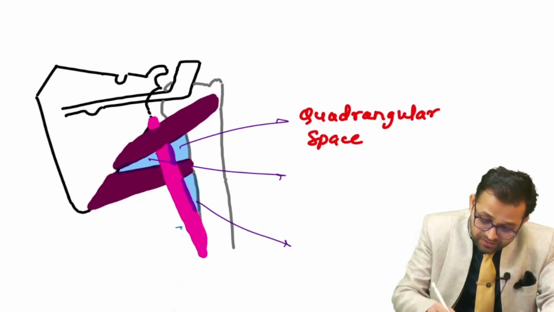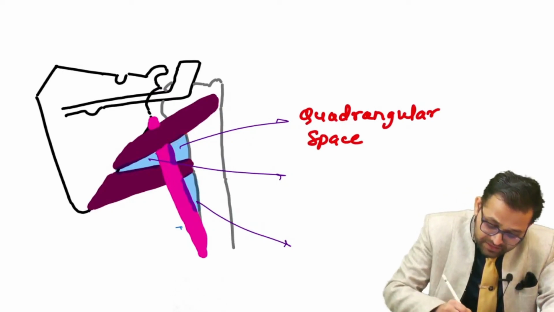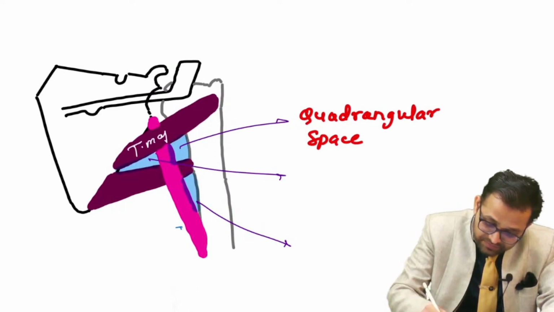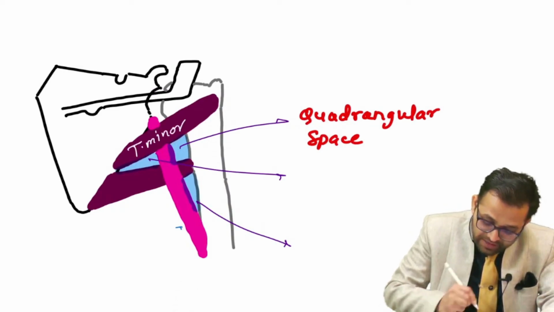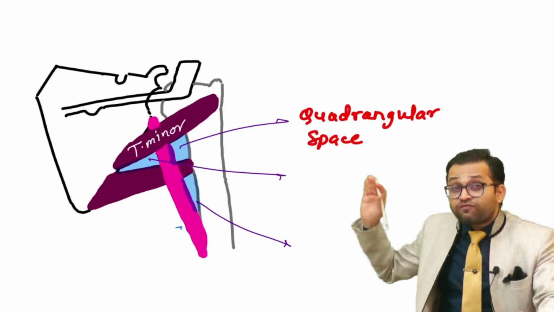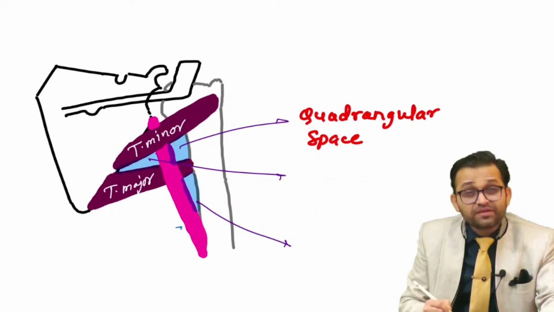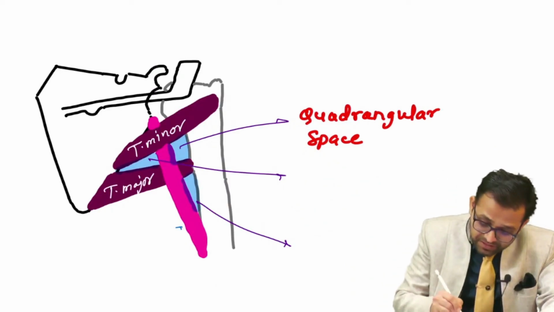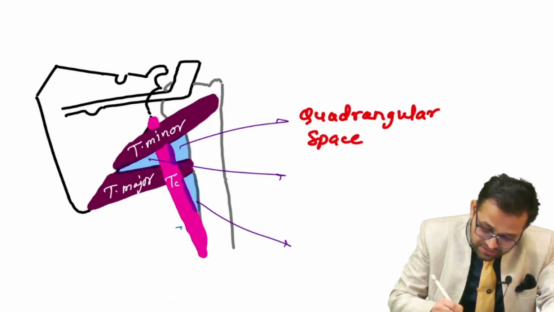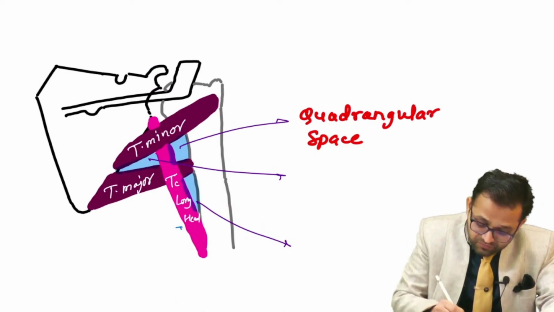So can you tell me, the superior boundary is formed by, tell me what is the name of this muscle, beta? Sir, this is our teres minor. Okay, sir. Can you tell me what is the name of the below muscle? Sir, this is our teres major. Yes. Can you tell me the pink color? Sir, this is our triceps. Which head? Sir, this is the long head. And this is our what? This is our humerus.